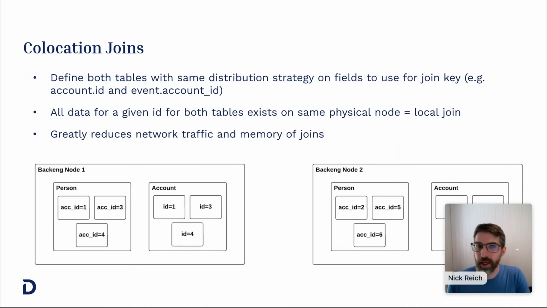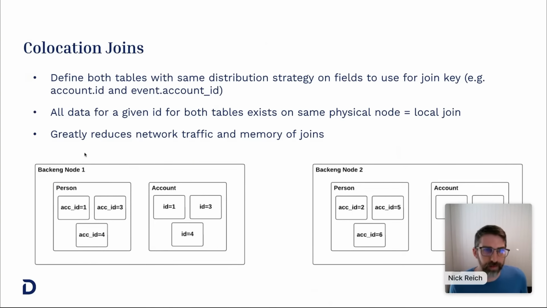So when you use that key as your join key, CelerData can say, okay, we know all the data exists on the same physical node for a given ID. And so we can take this distributed join and actually make it a bunch of local joins on each one of the backend nodes. And this can have really great improvements to network traffic and memory usage.